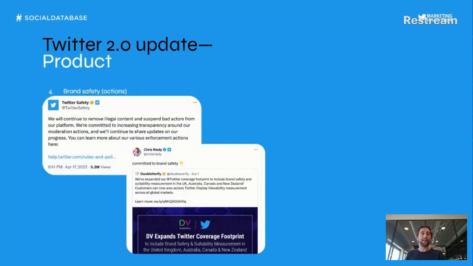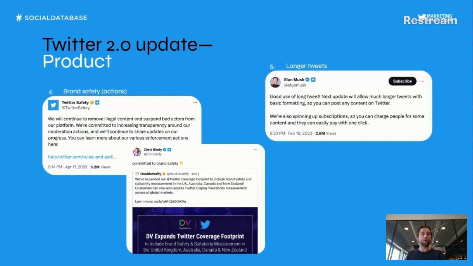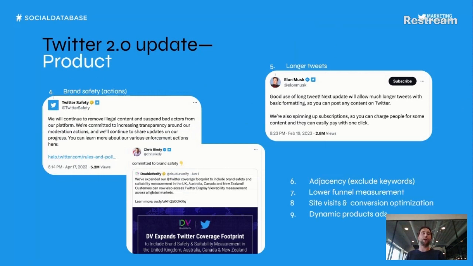Then they implemented many different changes to take care of brand safety concerns. Longer tweets are now available on Twitter. And a few other updates are adjacency, where you can exclude certain keywords to make sure that your content will not appear next to these keywords.